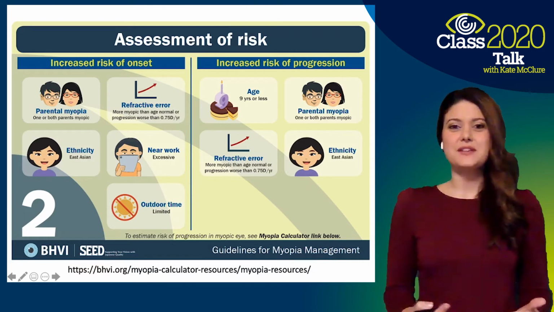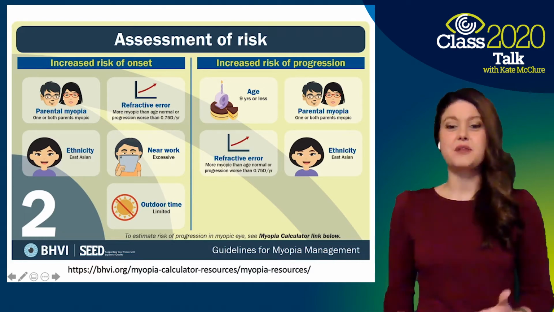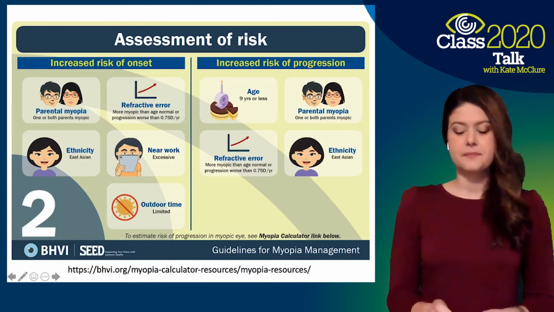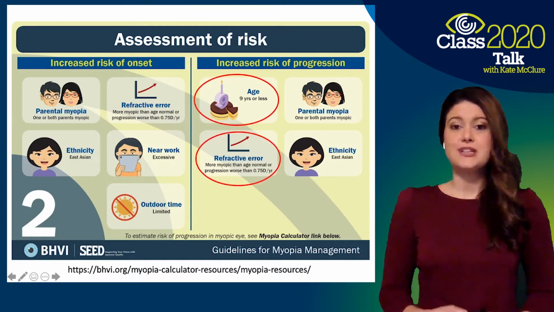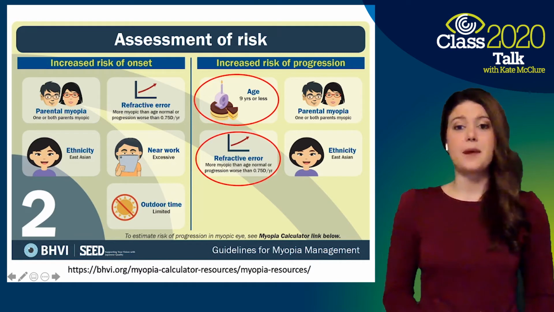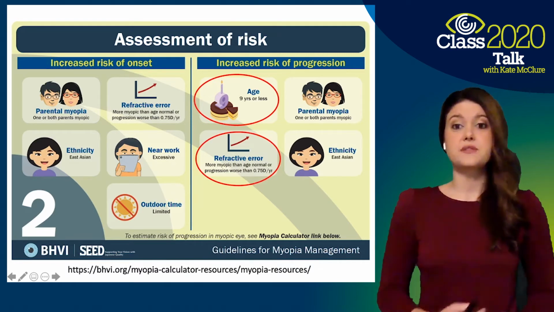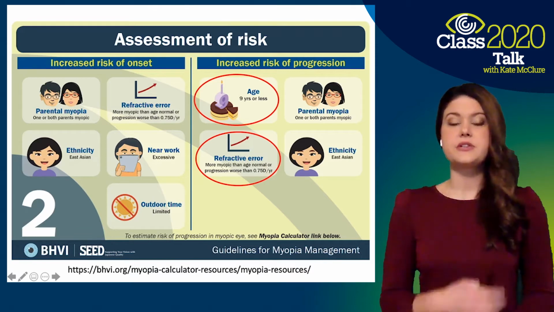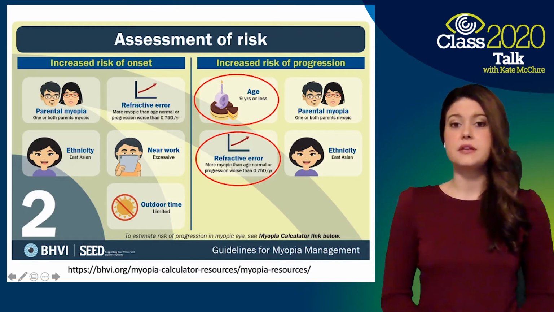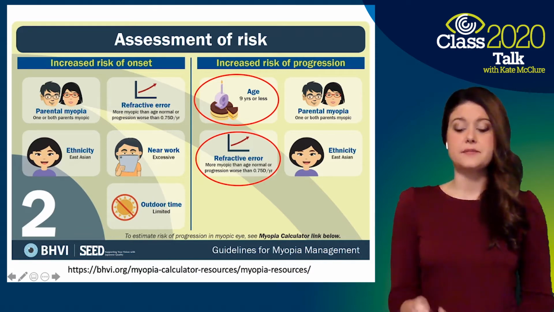So all of these put the patient at increased risk for progression. Looking at our patient specifically, she's age 9, already highly myopic, puts her at increased risk for continuing to progress. And we know that this year she's already progressed more than 3/4. She's progressed a diopter in the year.